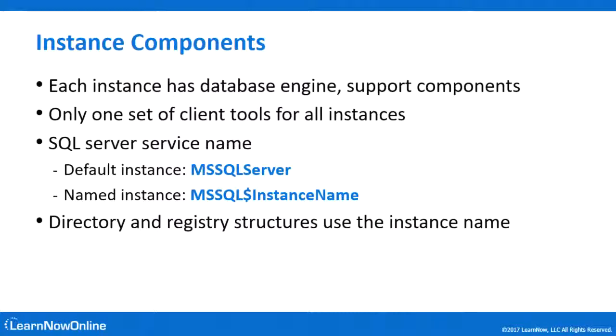And then the directory and registry structures that support each instance all use the instance name that you provide during installation to again distinguish one instance from another, because there are various things that are put into the registry and in various places in the file system. So when you install multiple instances, the computer or cluster has only one SQL Server program group and one copy of each of the SQL Server utilities that are contained within that program group.